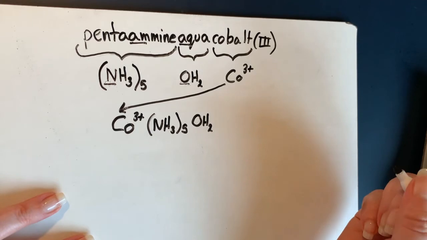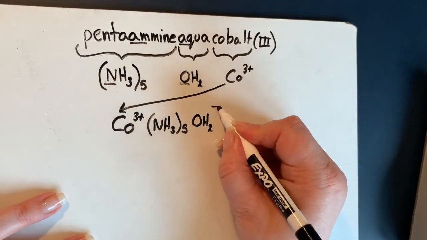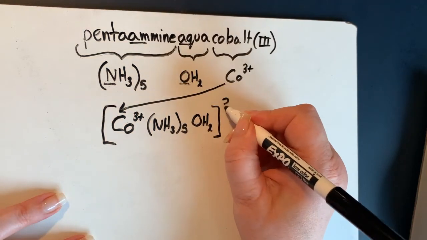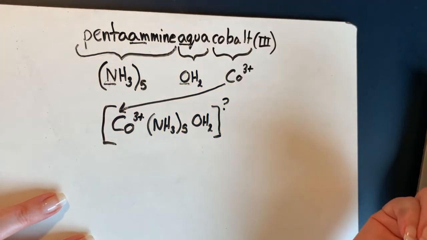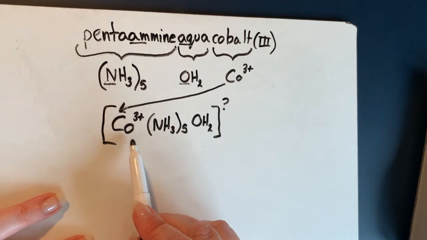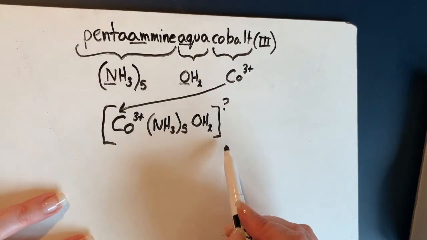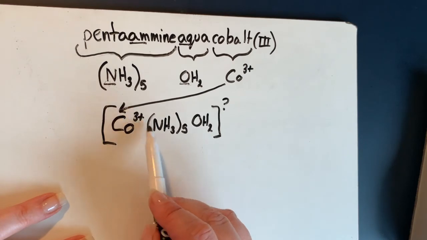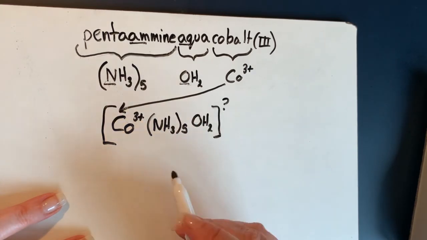And now we need to work out, when we put our square brackets on, what charge is going up here. So we need to have a look at all of the charges to find out whether or not the 3+ that's here is affected by any of the ligands.